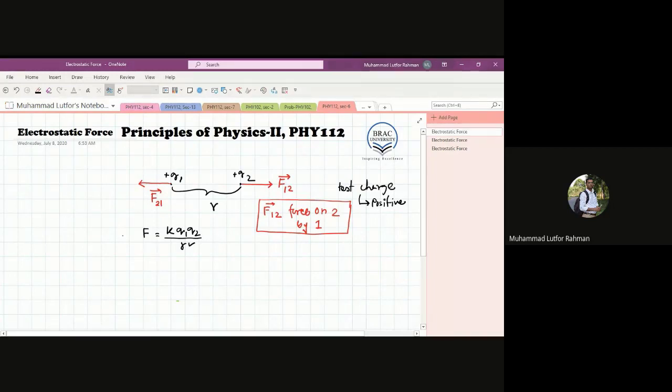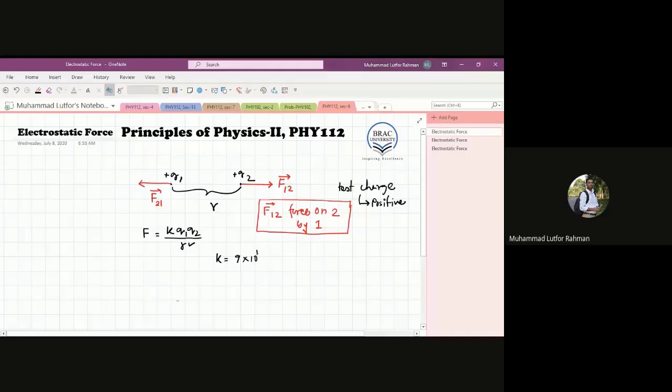And R is the distance. What is the Coulomb constant? Its unit is Newton meter square per Coulomb square. What is the significance of that number?